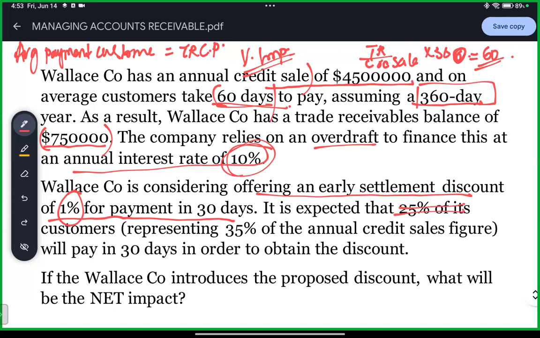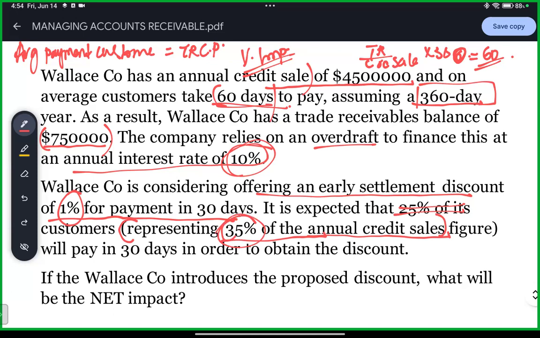Always keep in mind, all your calculations should be based on your annual credit sale. Okay, so representing this 25% of the customers is 35% of your annual sale. So you should take 35% into 4,500,000 for your calculation. Please keep in mind, always do the calculation based on your annual credit sale and percentages based on that as well.